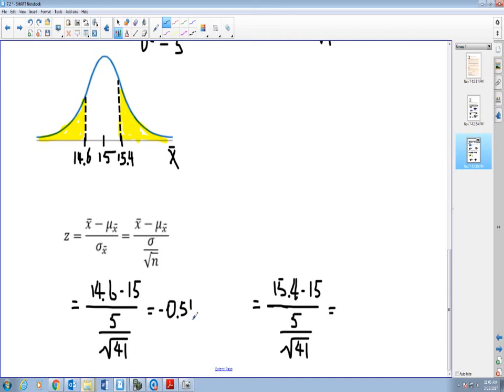So the z-score for 15.4 has to be positive 0.51 then. Since the normal curve is symmetric, my two z-scores, one is positive, one is negative, same number, so that means these two areas in the two tails are the same.